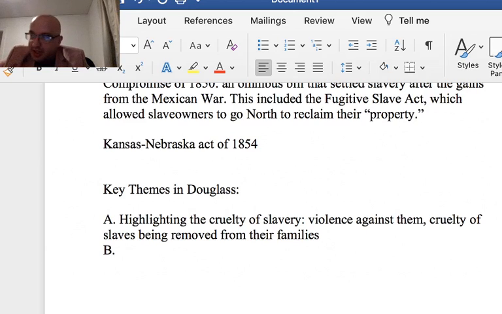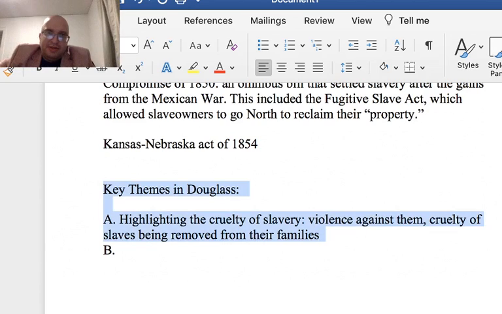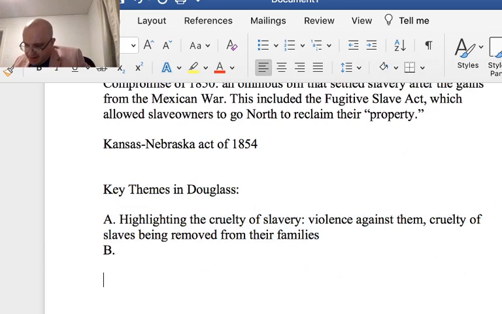When a child slave was born, he or she was often sold to be away from the mother, because they didn't want the slave child to have a bond with the mother, because that's a bond that could be dangerous. And so lots of the depravities come about as a result of the slave institution.